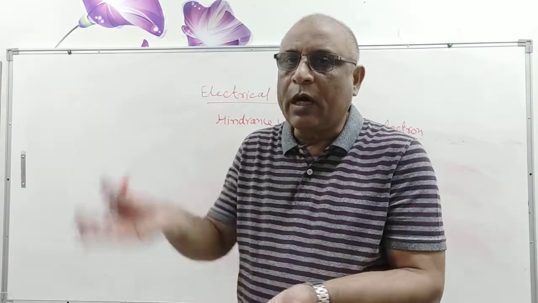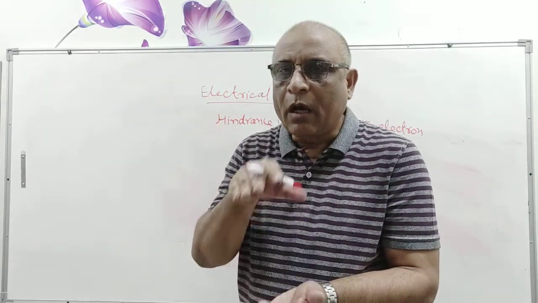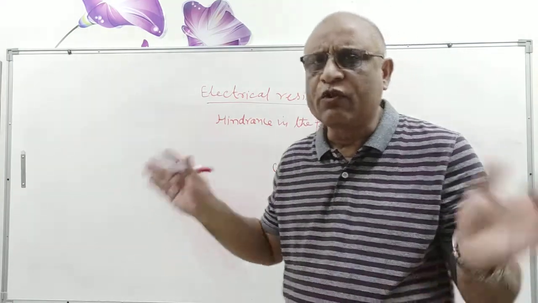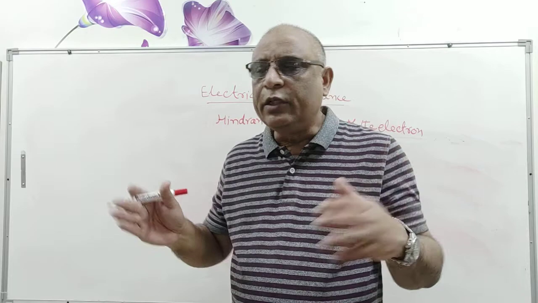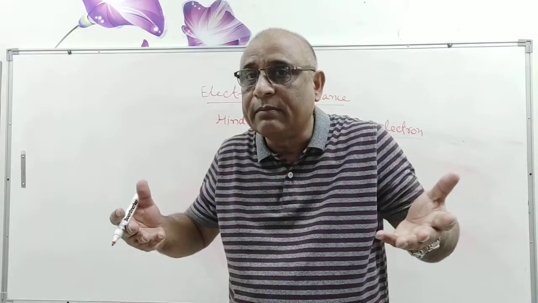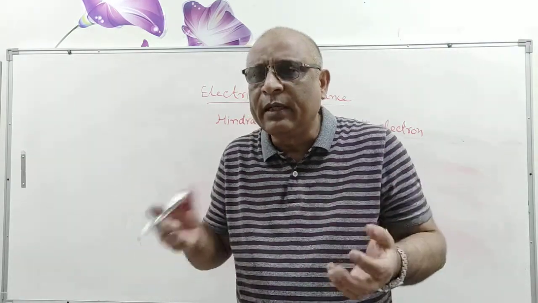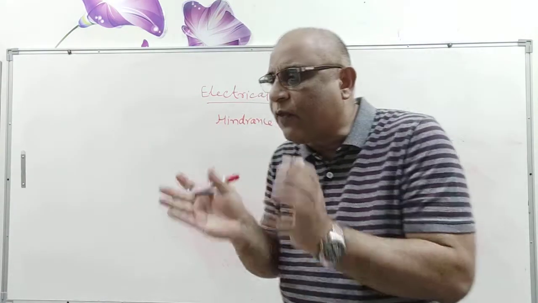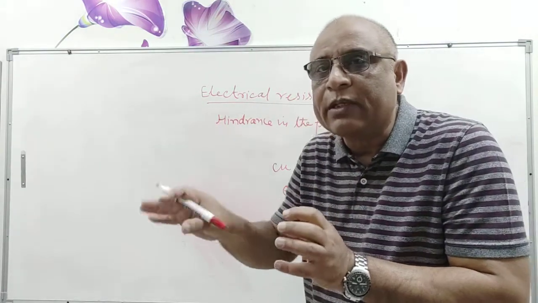electrons in the outermost shell of the atom of copper, aluminum, iron, whatsoever, due to thermal excitation, due to heat, leave their orbit and are found in the gaps of the lattice of the metal.